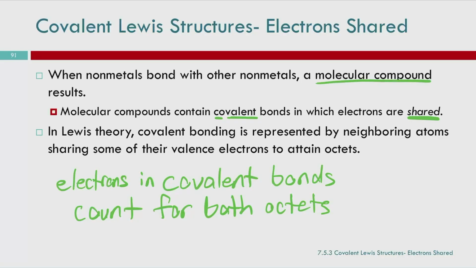So we seemingly get extra count. We can add to our total number of electrons that are counted seemingly by magic, but it's just through the power of friendship, sharing. So electrons in covalent bonds count for both octets.